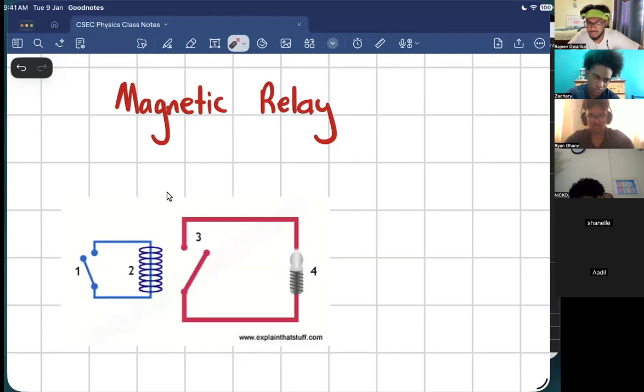Real high voltage. No, sir. So you typically want to have a magnetic relay to do that for you. The magnetic relay is used to switch high voltage circuits on and off remotely. You're not there flipping the switch. Let me explain what's gonna happen.